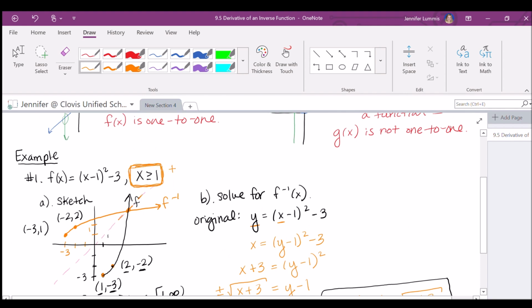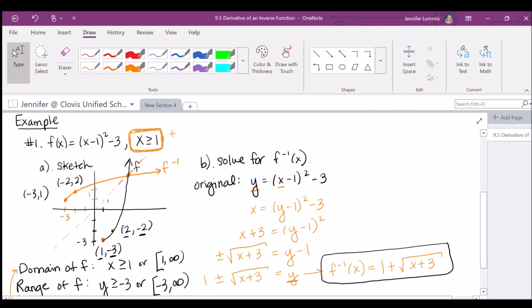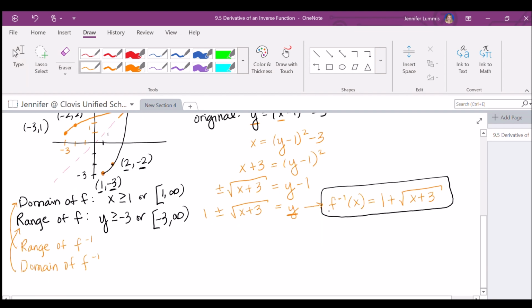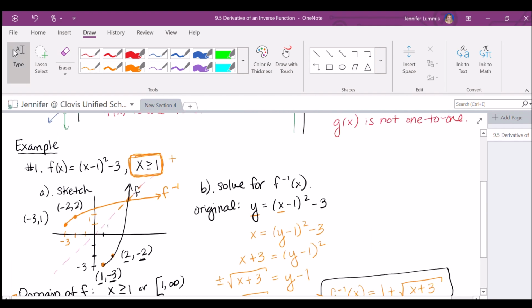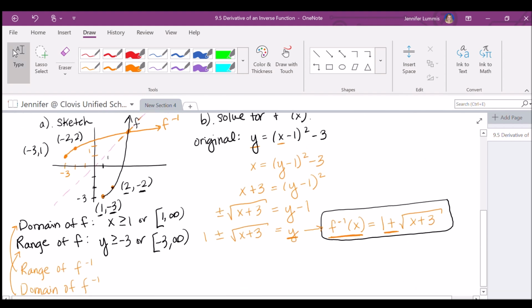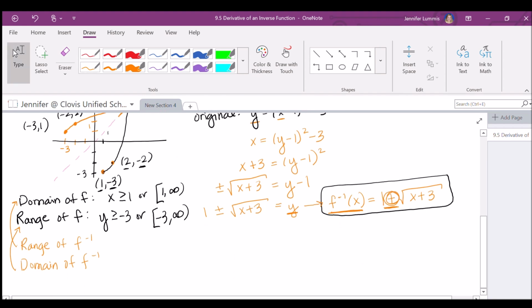Okay, that means that my range, my y values for my f inverse of x, they had to be positive values as well. So just a little shortcut here that those are positive values, and that told me to just keep the positives when I got down here to my inverse function.